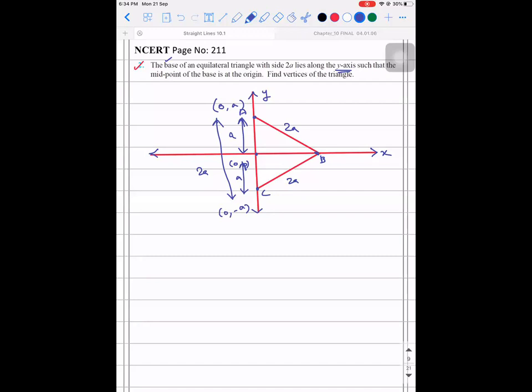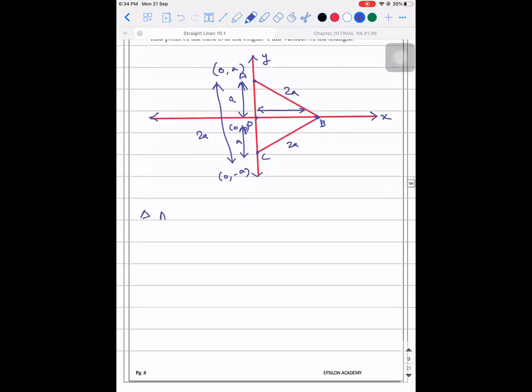And what are the coordinates of point B? 2a, 0? No. How will it be 2a? We don't know what this distance is. So if this is O, consider the triangle AOB.